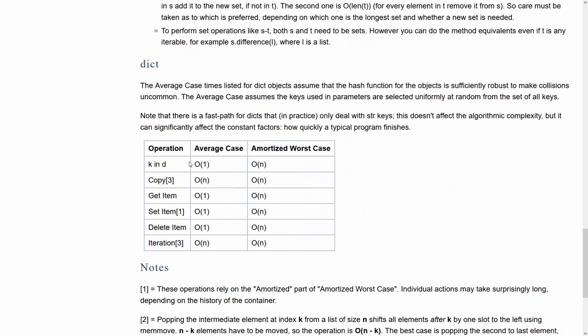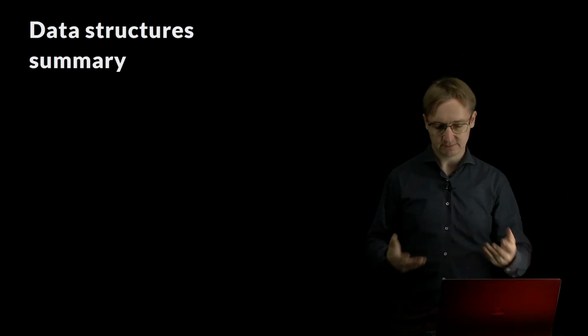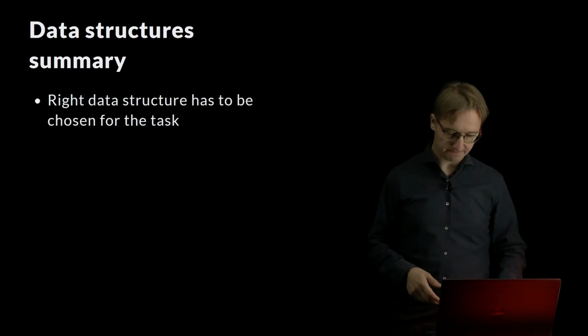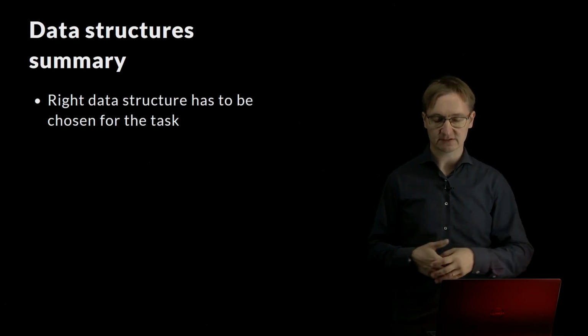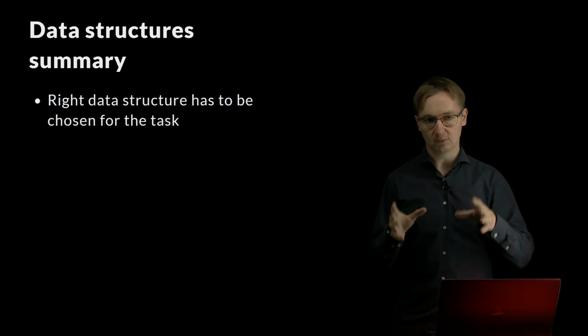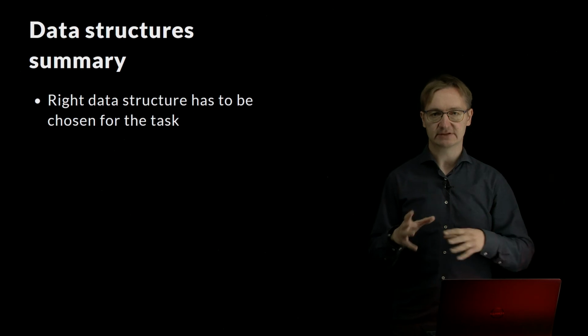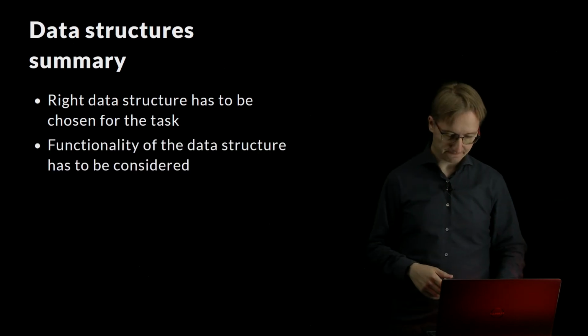And in a dictionary also, if I look at key in dictionary, I can see that the average complexity is 1 here. So let's summarize what we saw about data structures. It's very important to use the right data structure for the problem. For example, if you know what the task is and you have some experience with data structures, you can choose the right data structure for this problem.